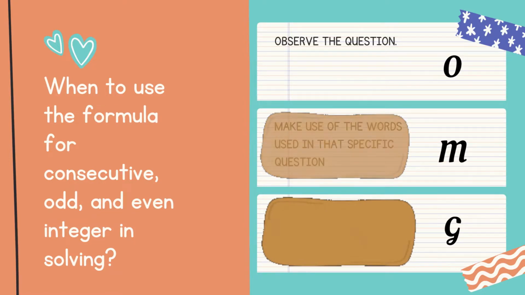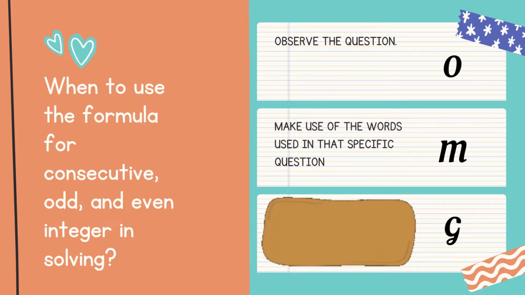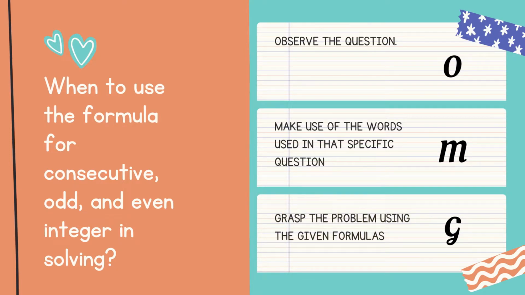M stands for make use of the words used in the question. Now that you have observed it and have an idea, make use of words such as odd, even, integer, or consecutive as clues. Finally, G stands for grasp the problem using the given formulas.